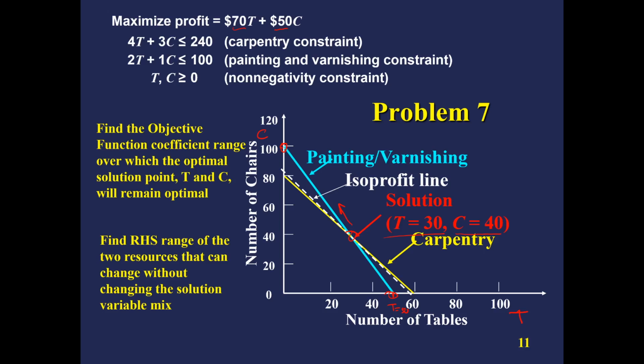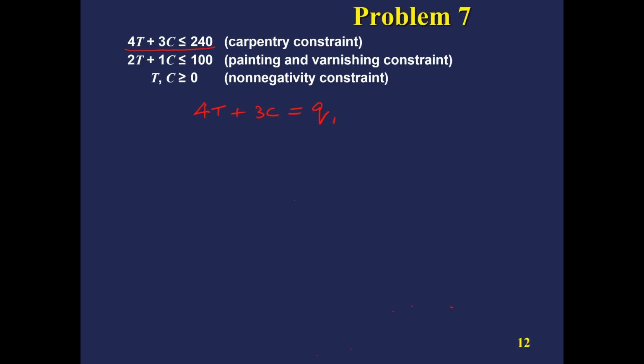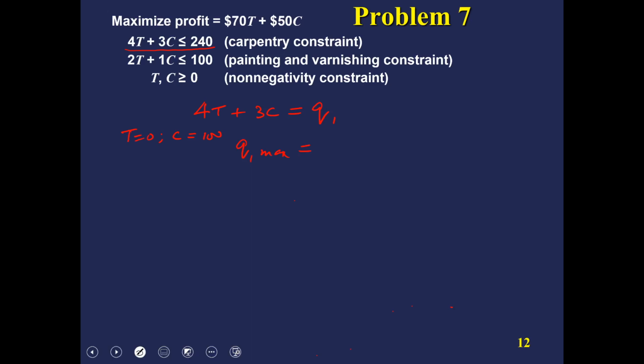So let's do that. For maximum, T is equal to 0 and C is equal to 100, and if we put these values in equation 1, we get Q1 maximum 300.